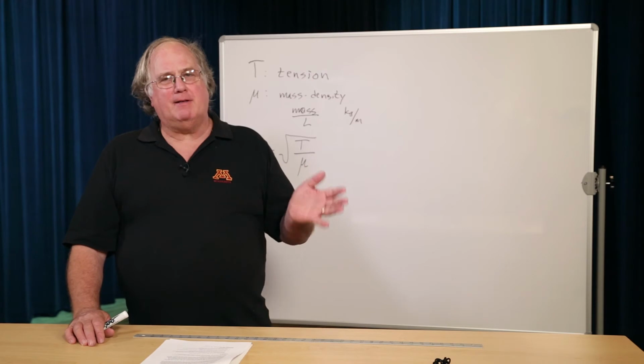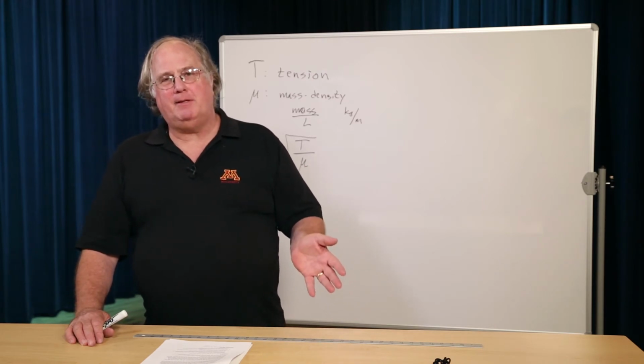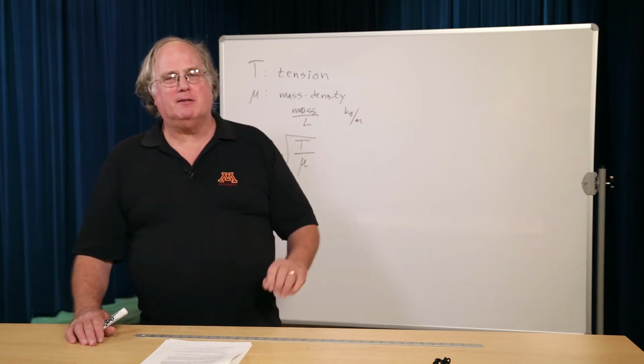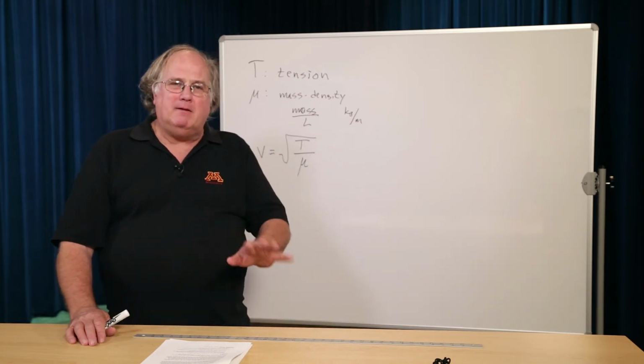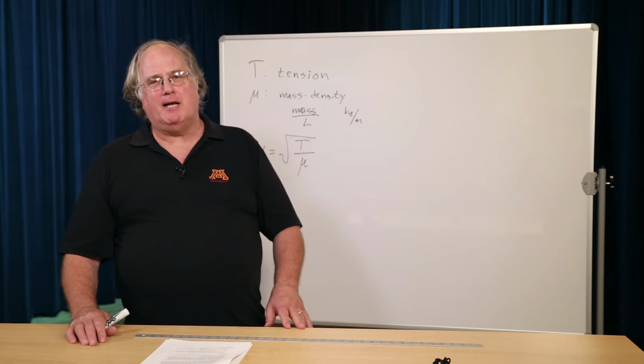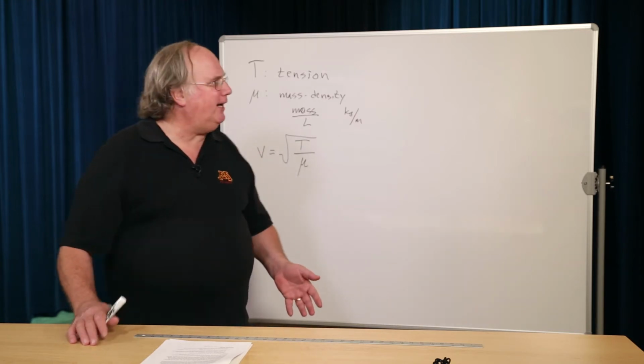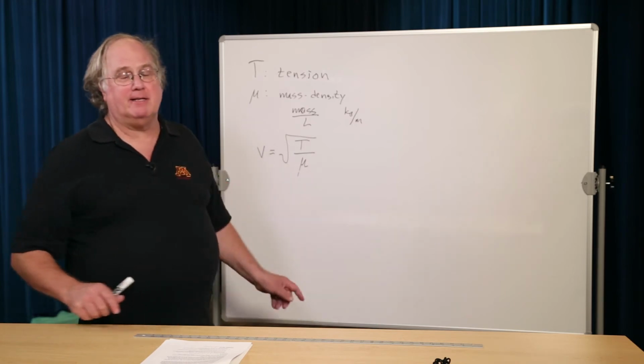So you have to have the same length and the same tension, more or less. I mean, you adjust the tension with little turning knobs, but those two things have to be sort of the same. To get different notes, the only thing left to change is the mass density.